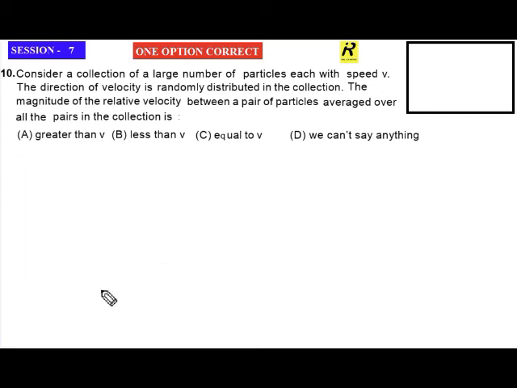From a mathematical identity, 1 minus cos theta is 2 sine square theta by 2.